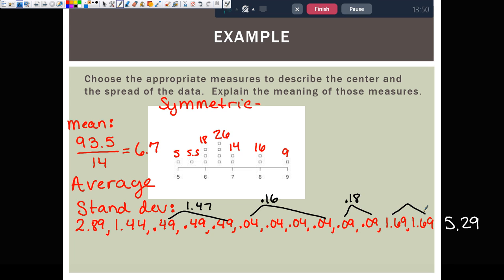And 1.69 times 2 is 3.38. So there are fewer numbers to add, and you're less likely to make a mistake.